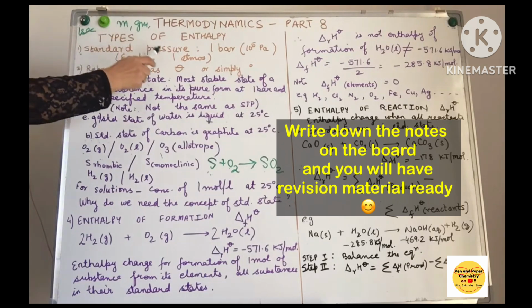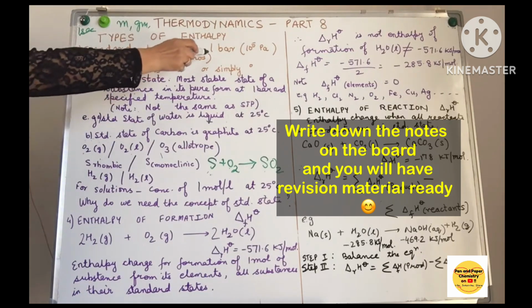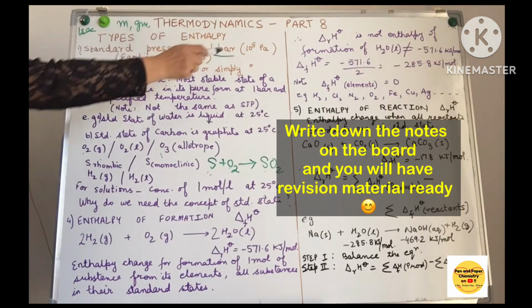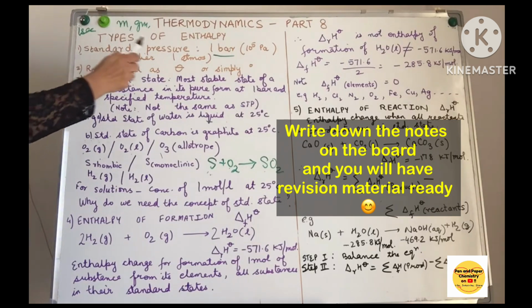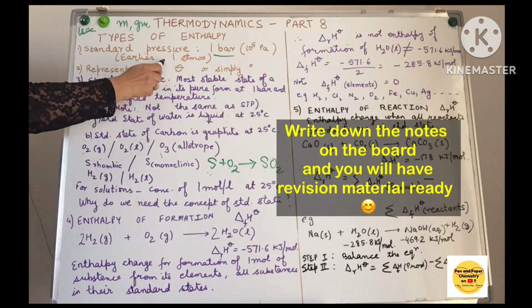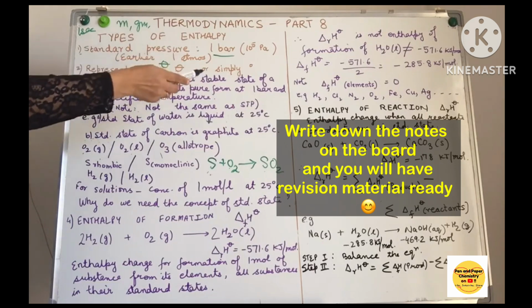So standard pressure for calculation of such values is taken as 1 bar or 10 to the power 5 pascals. Earlier in some old books, you will find it also written as 1 atmosphere. This has now changed. How do we represent the standard value? By a circle with a cross across it, or it is simply called as naught.